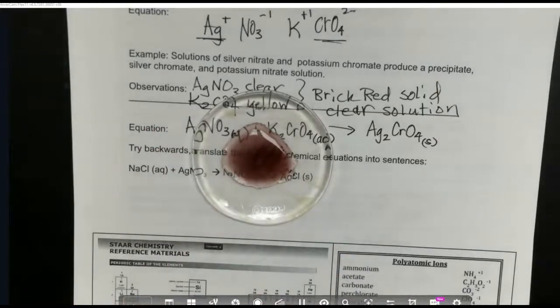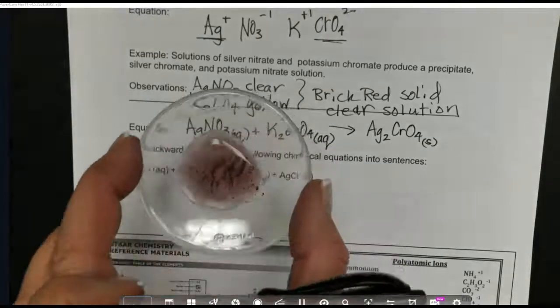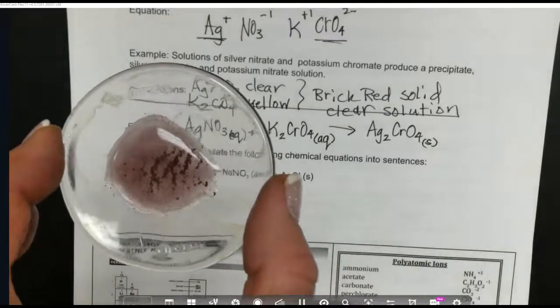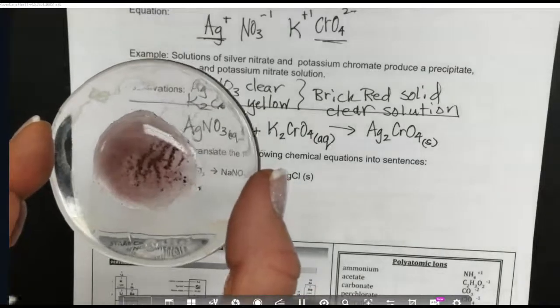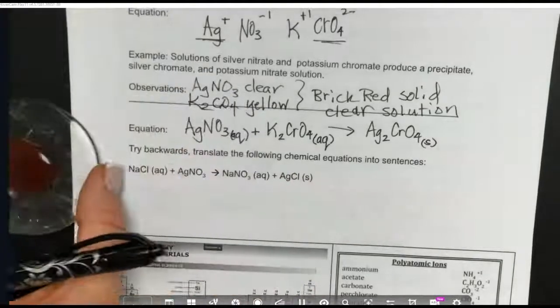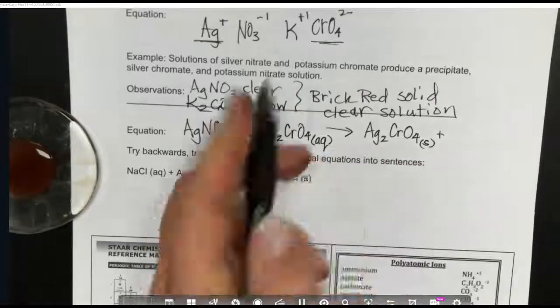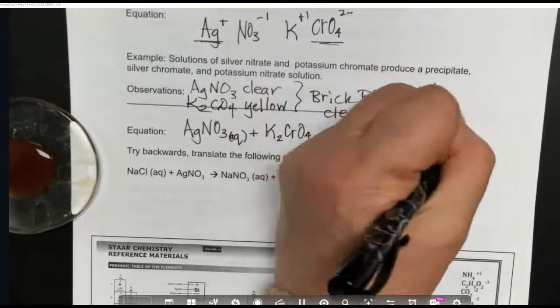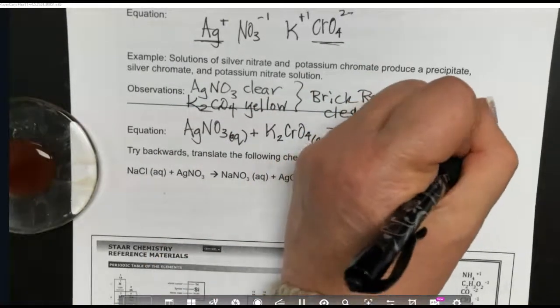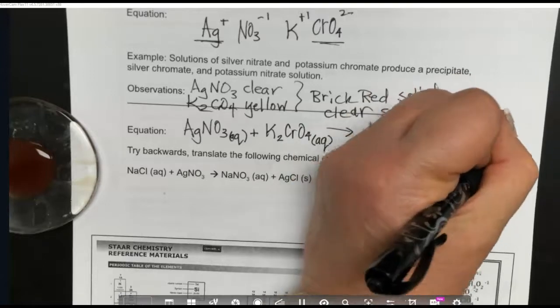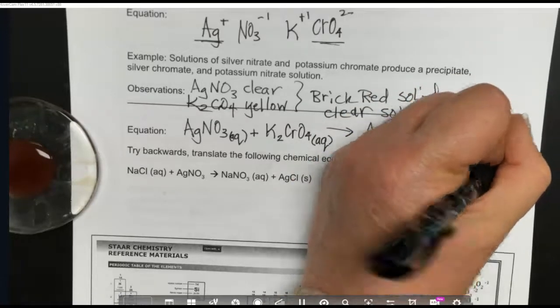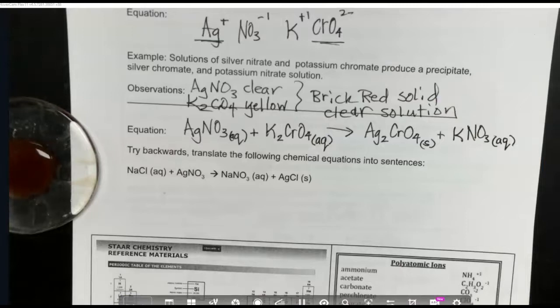We definitely have some solid in there, and then we can see some clear solution around it. For those of you wondering where the solid is, can you see the solid a little bit better? Okay, so that other solution is going to be potassium nitrate, and both of those are 1+ and 1-. So we end up with KNO3, and we use aq for that result.